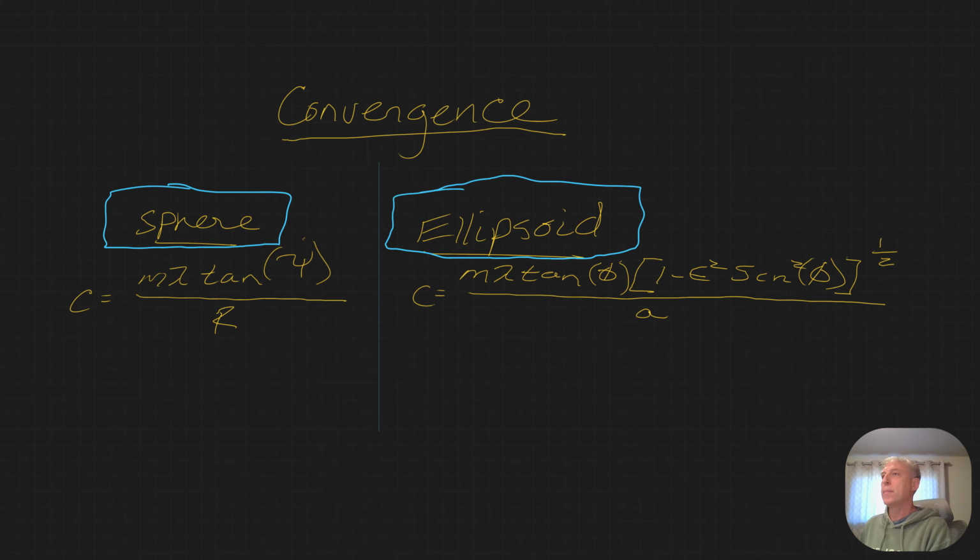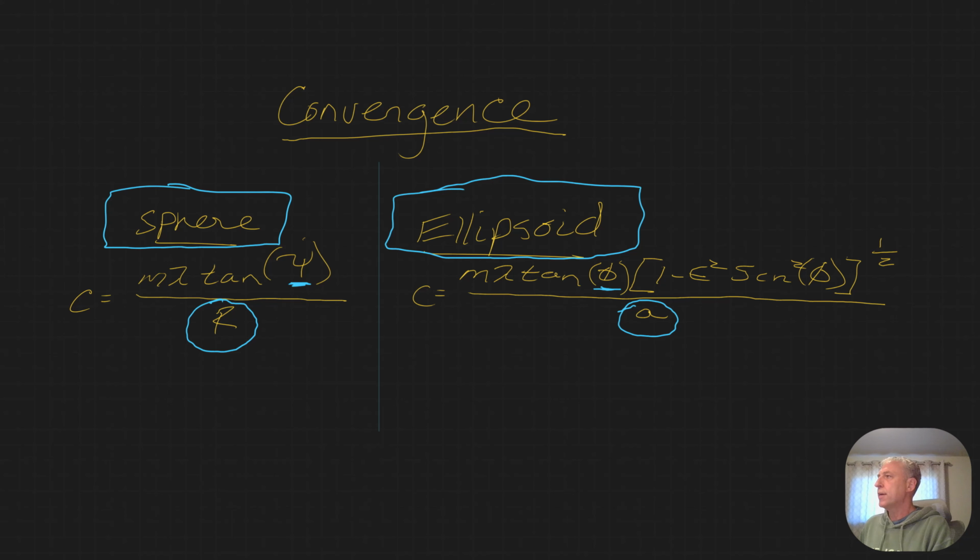So in the sphere, we use psi for a spherical latitude or a geodetic or geocentric latitude. And with the ellipsoid, we use phi, which is the ellipsoidal or geodetic latitude. If you look at these, for the most part, the formulae are the same, especially if you relate this letter A, which we'll talk about what that is, with the radius of a sphere. And they have very similar and related definitions.